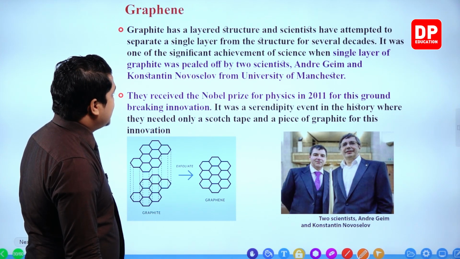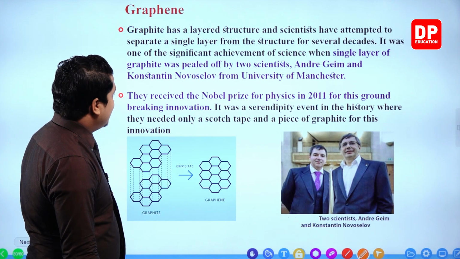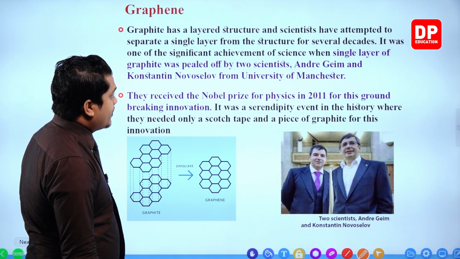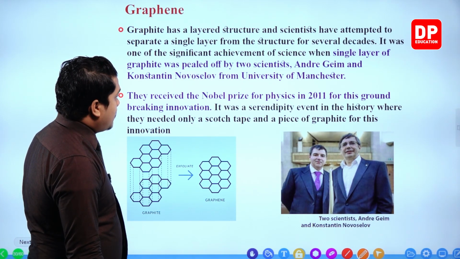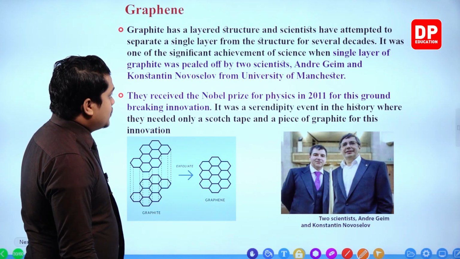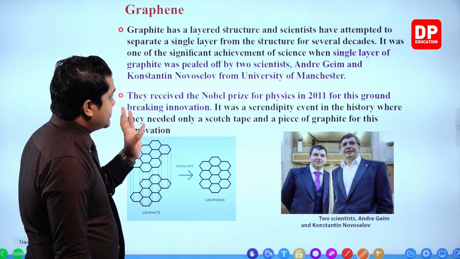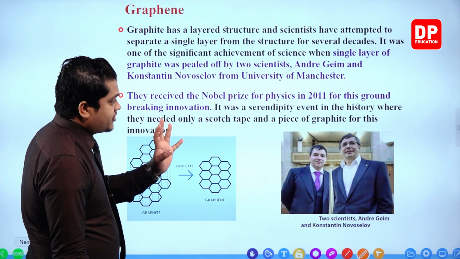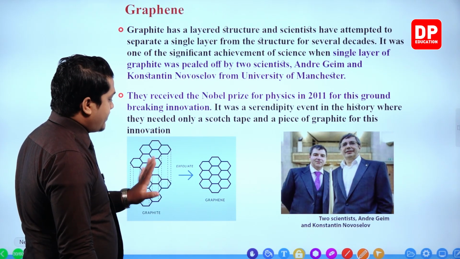It was one of the significant achievements in science when a single layer of graphite was peeled off by two scientists, Andrew Geim and Konstantin Novoselov, right? They were the first two scientists from the University of Manchester to remove this kind of layer from graphite, my dear children.